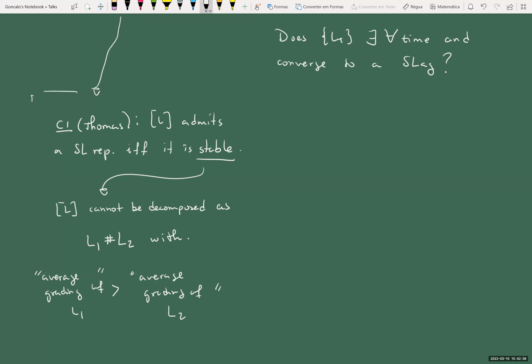Okay, so this is the conjecture. And L not being able to be decomposed in this way means you cannot find a representative of this Hamiltonian isotopic class that is of this form.